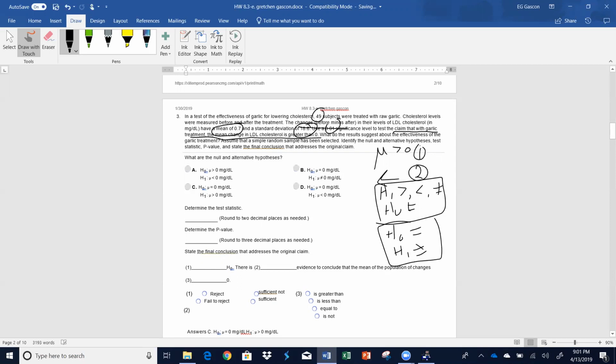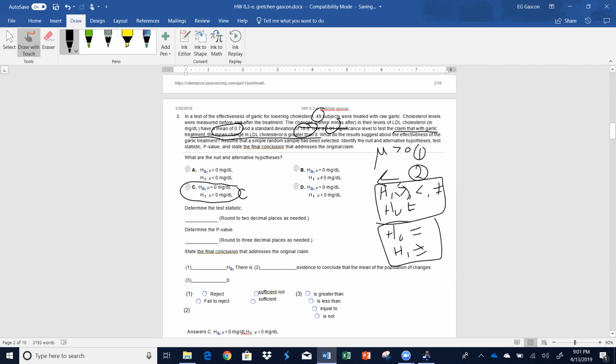So here we have a claim that is greater than. That means I have this one here. Therefore, I will put it in H1. So the only one that works for this is C. And I'm going to make a note that that is my claim. So my claim is in H1.